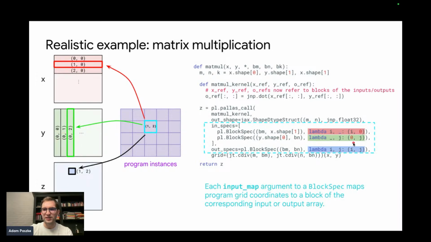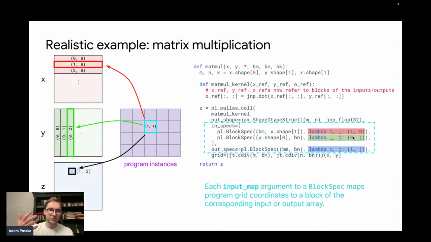So there's not much choice that we have. But for the second operand, we do use the second grid index to select the tile. And for the output, we just use the full grid coordinates, which is usually the strategy. Usually you define the grid to partition the output somehow.